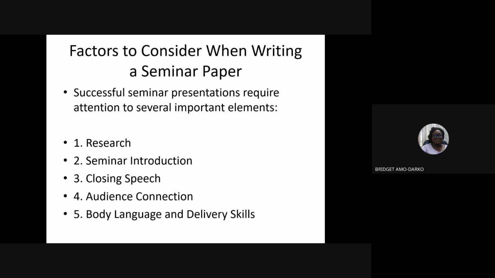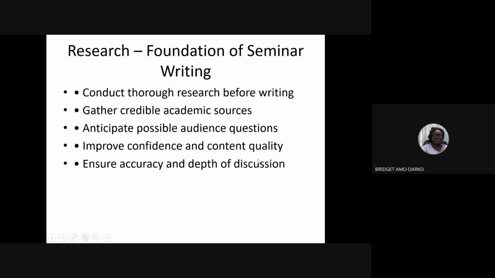A successful seminar paper presentation requires attention to several important elements: research, seminar introduction, clear speech, audience connection, then body language. These things are repeated. We did all these things last week, but all the same, it's been repeated in the book. So let's just repeat ourselves and go.